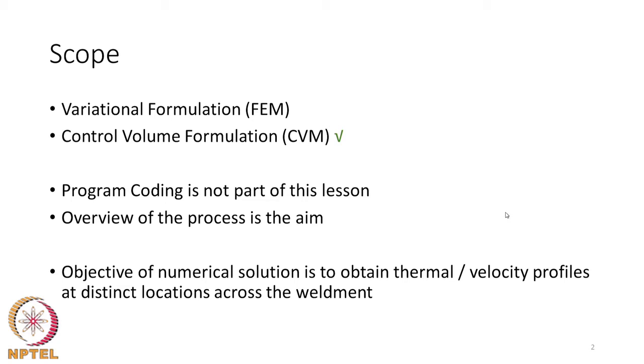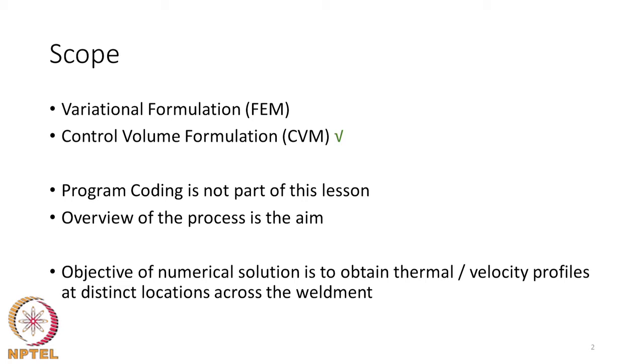So, the scope of this lesson will be limited to one of the two major classes of methods for numerical solution of the Navier-Stokes and generalized Fourier heat conduction equation that we have discussed and derived in earlier parts of this course. There are two major classes of numerical solutions.